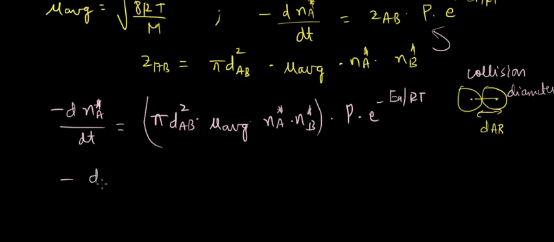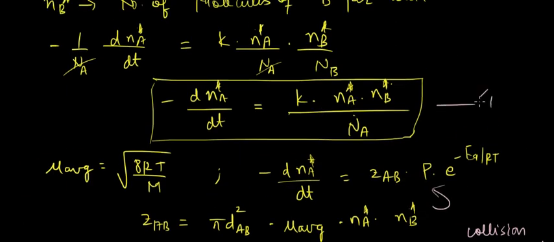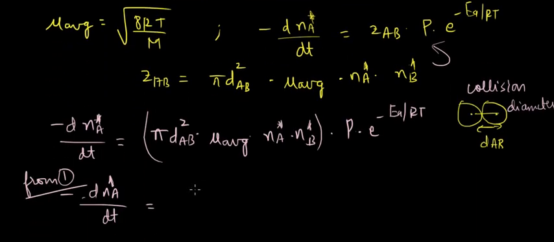And we also know that minus d Na star upon dt from the first equation is k Na star Nb star divided by Avogadro number.